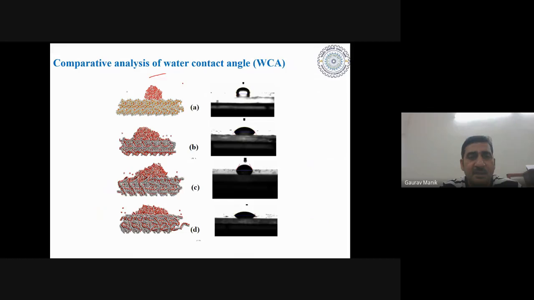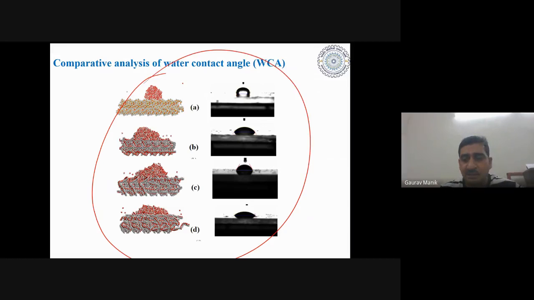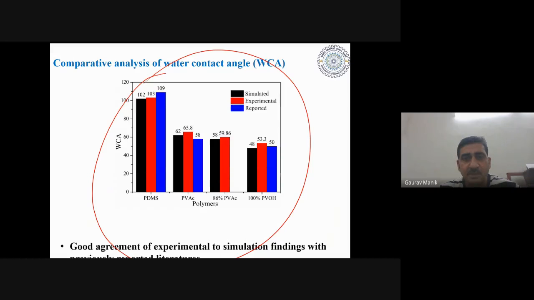Now this is interesting: the contact angle estimates are very close. If you look at the simulated numbers versus the experimental numbers, they are very close. The point I wanted to make is that experiment and simulation normally go hand in hand.